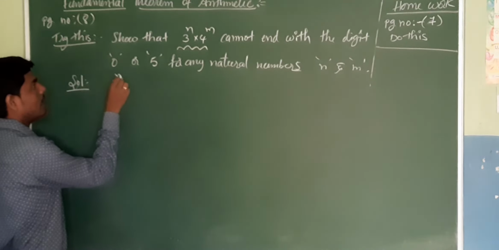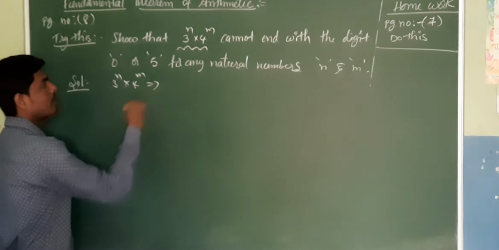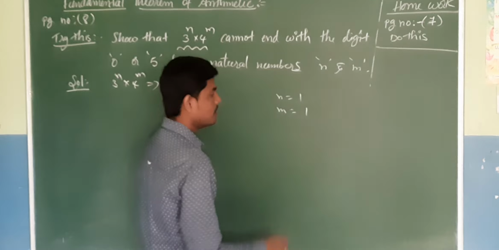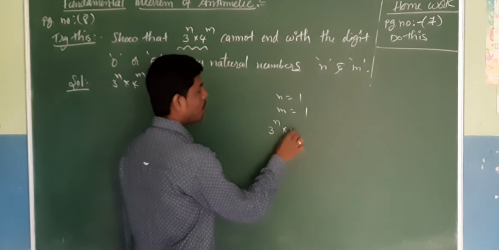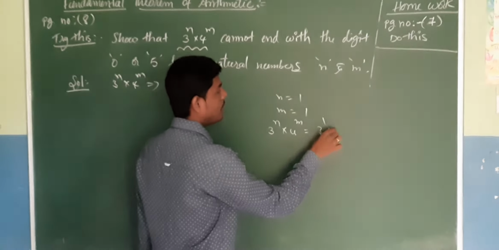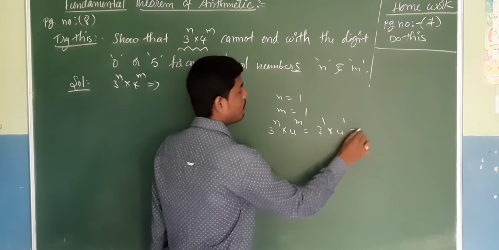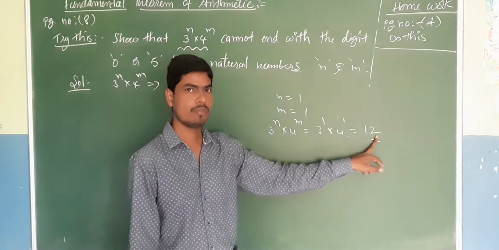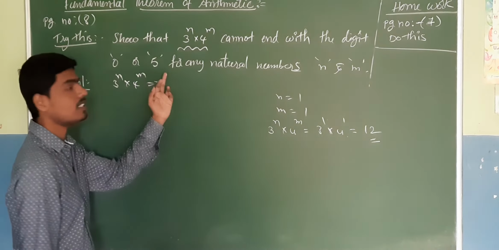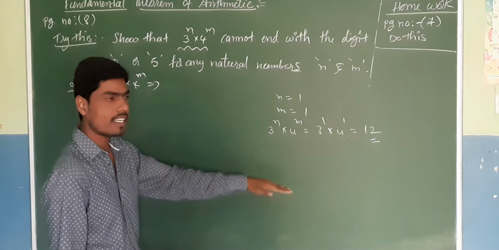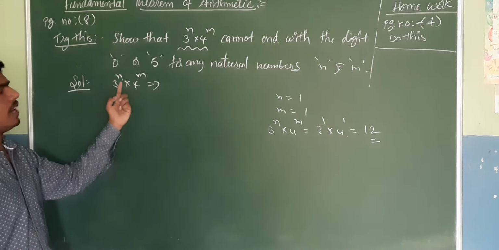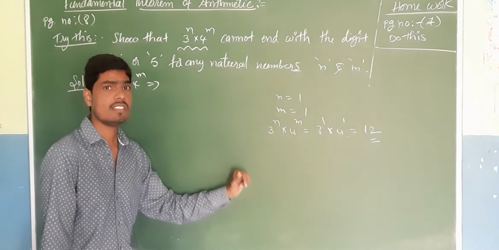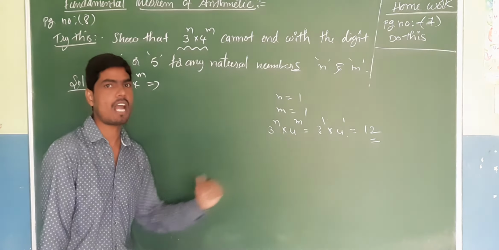For example, n is equal to 1, m is equal to 1. 3 power 1 into 4 power 1, 3 into 4, 12. So it is ending with the digit 2. It is not ending with 0 and it is not ending with 5. So like that, if you take any number in the place of n and m, it is not ending with 0 or 5. So that we have to prove.